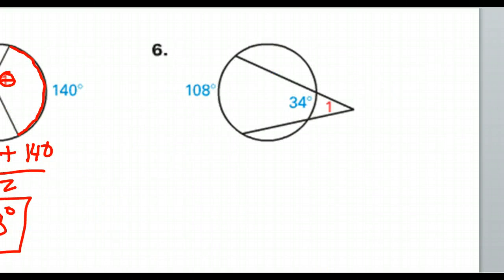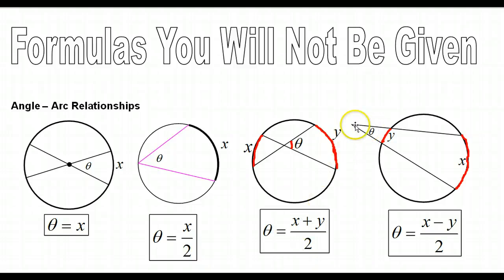Number 6. Now, notice this one, the angle is outside the circle. So we're going to be using this formula: the big arc minus the small arc divided by 2. You just have to memorize these formulas.